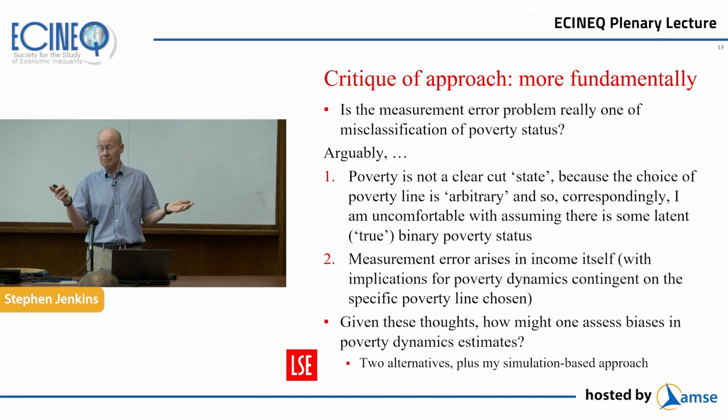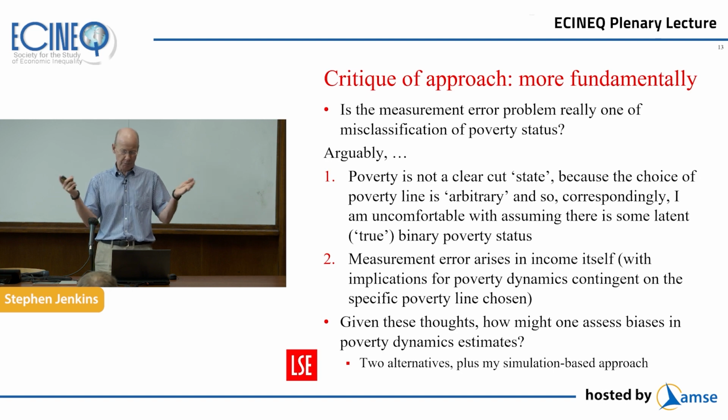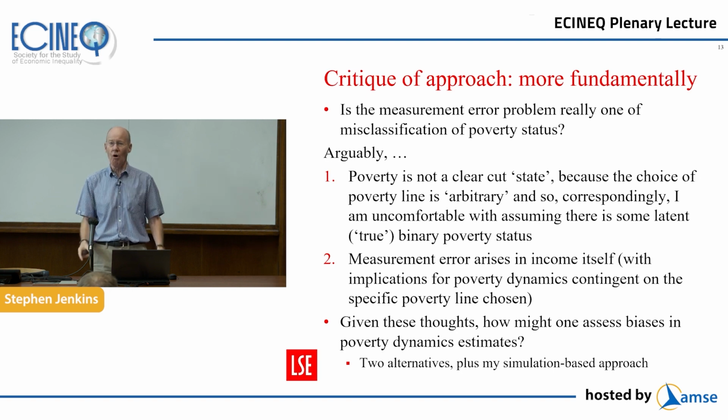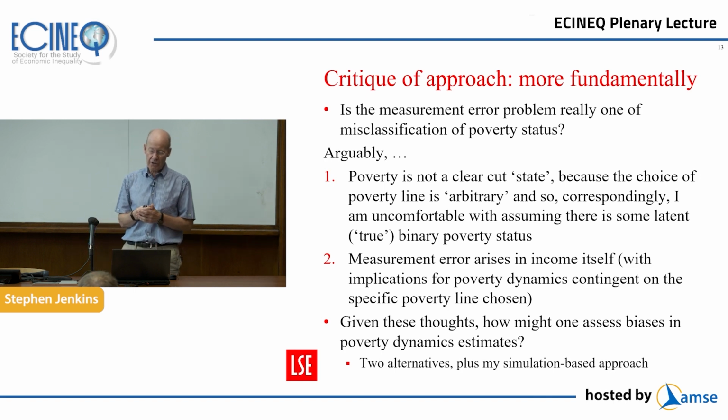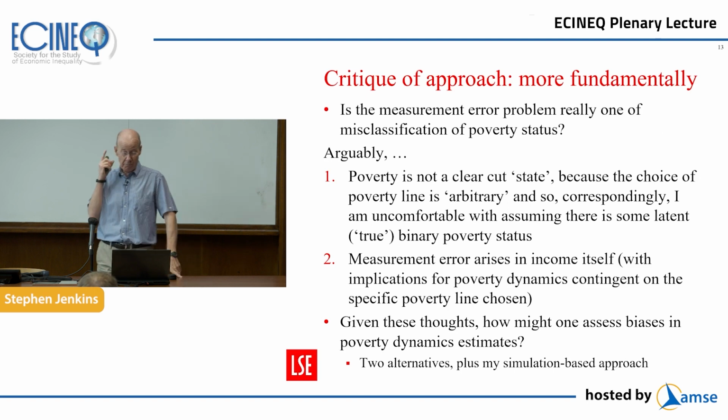You talk to people and say, European poverty line, 60% of contemporary national median income. And they go, what? Why 60%? Why not 57.5%? So basically, I'm a bit uncomfortable with saying that there is some latent or true, which is the way in which it gets interpreted, some latent binary poverty status.